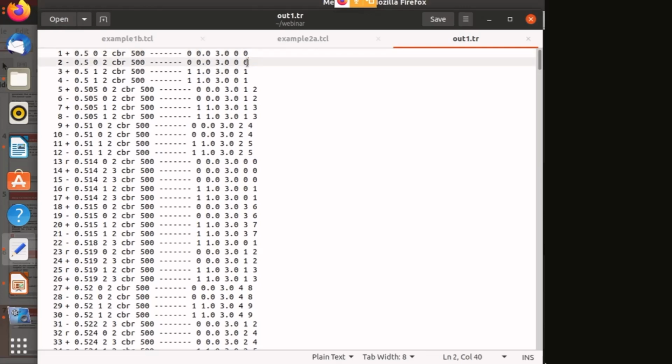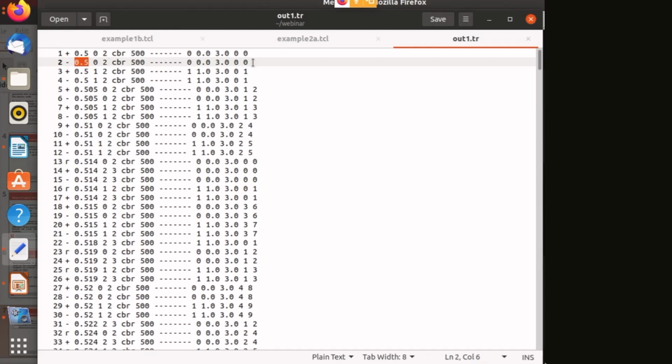In the next line itself. This line shows minus. Minus means the packet ID is getting dequeued from the queue. It is getting dequeued at the time 0.5 from node 0 to be transmitted to node 2. Packet ID 0 is enqueued at 0.5 second and dequeued at 0.5 second only. Why? Because it is the only single packet now. There is no other packet here.